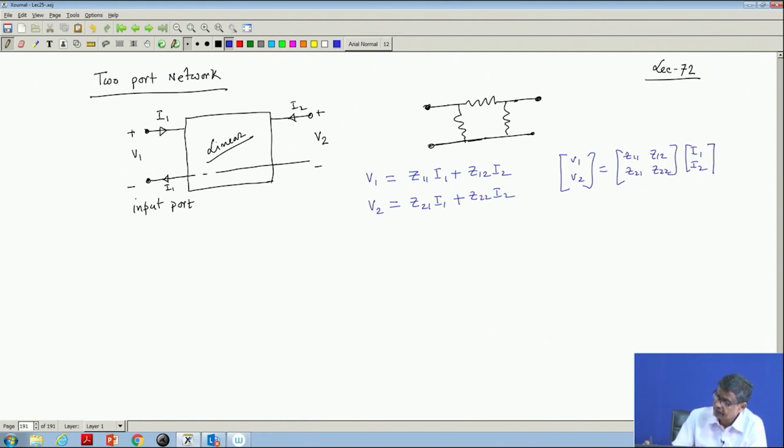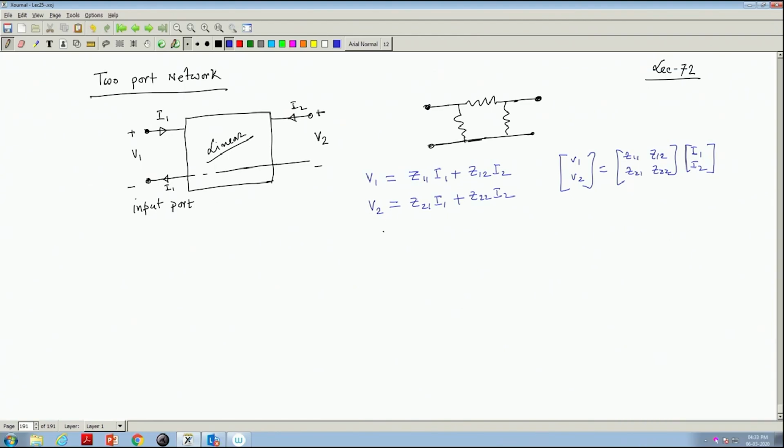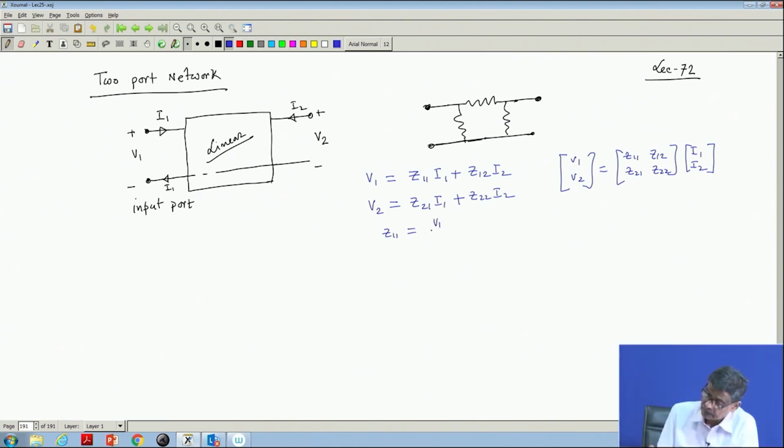And in my last class, I told you how to calculate Z11. I will repeat: Z11 is equal to V1 by I1 with I2 equal to 0. What does this mean?